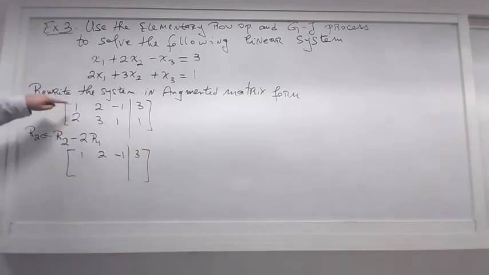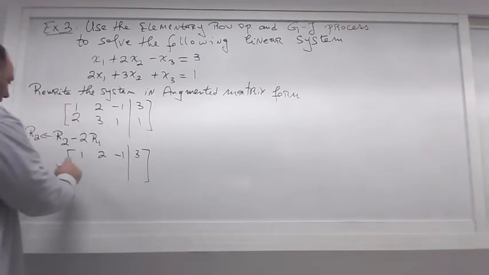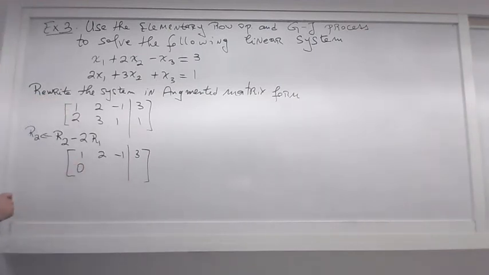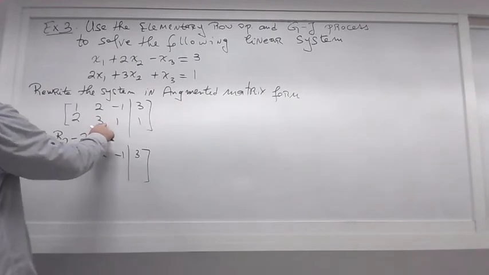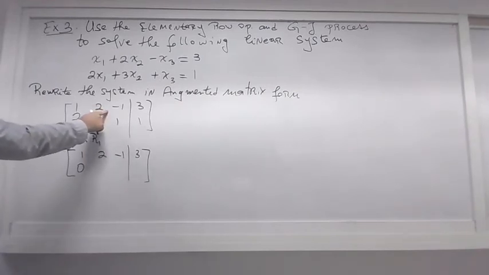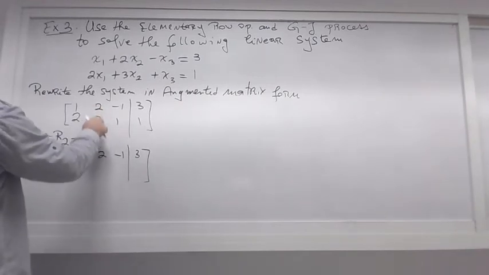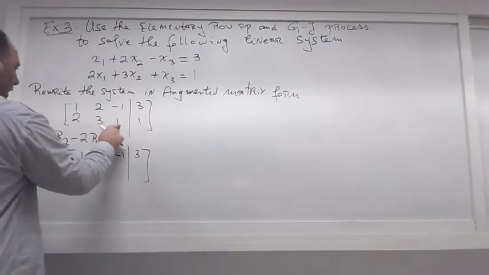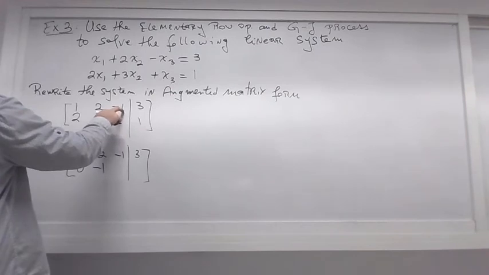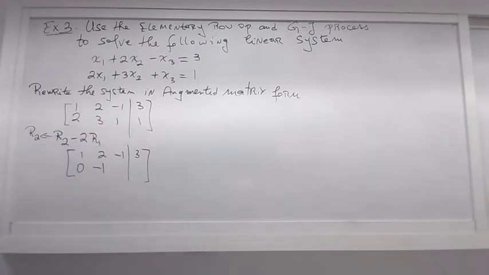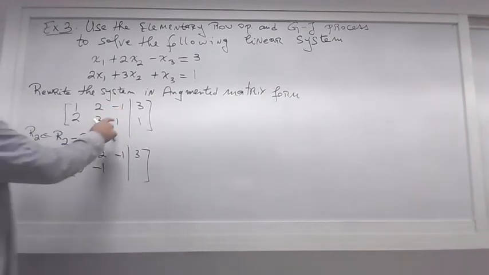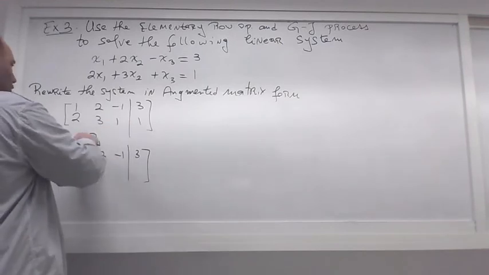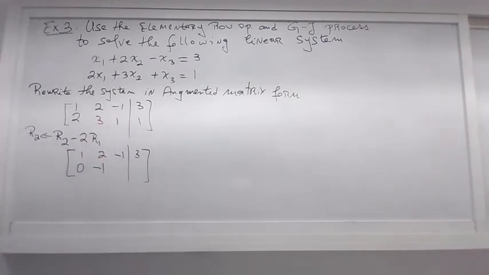Now 2 minus 2 times 1, so 2 minus 2 is 0, that's why I did it. And then 3 minus 2 times 2, so 2 times 2 is 4. So 3 minus 4 is minus 1. And then I have 1 minus 2 times minus 1. Okay, this one is complicated.